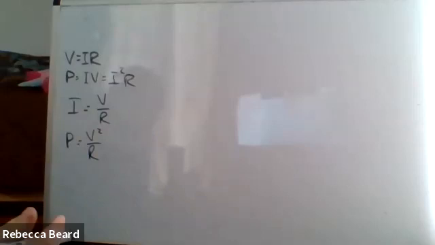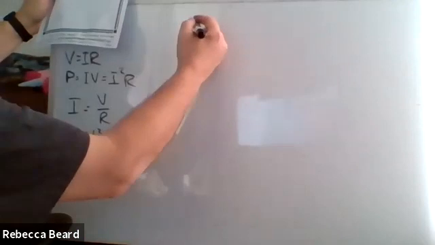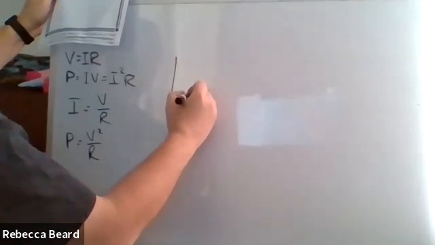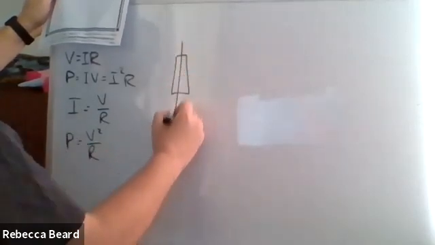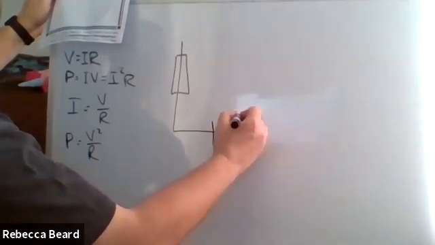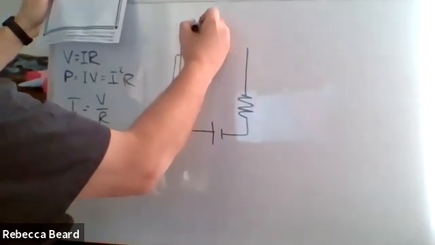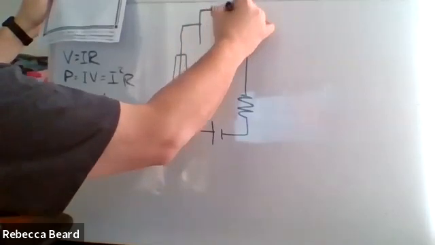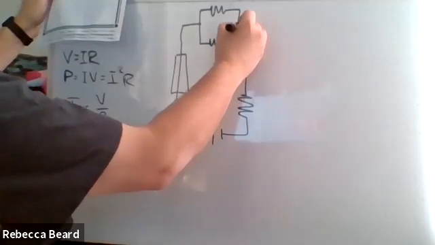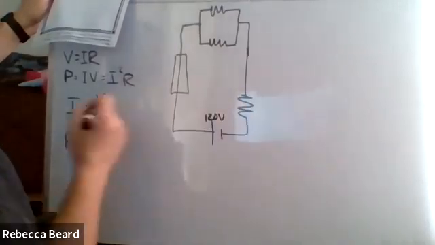So we now have, okay, fine, I'll draw it like they do with the battery at the bottom. Make sure I have enough space here. So we've got 120 volts here.